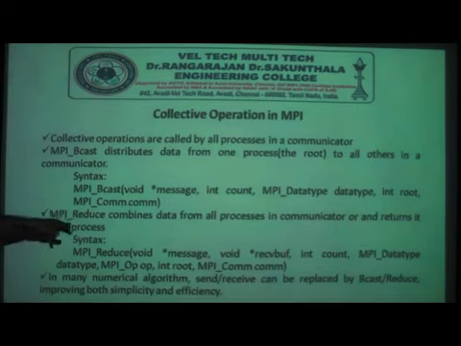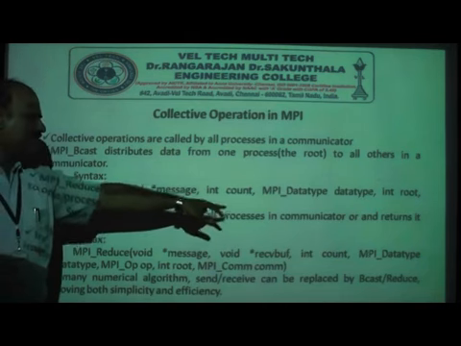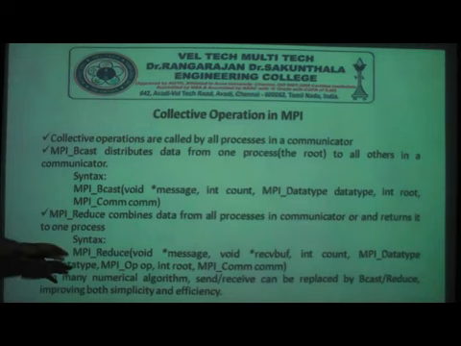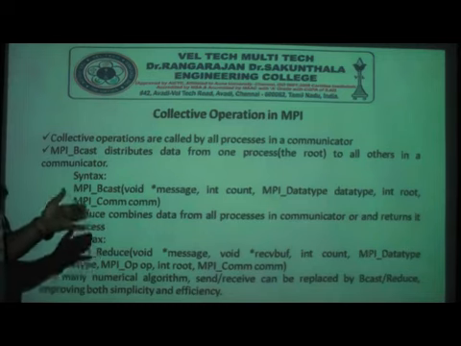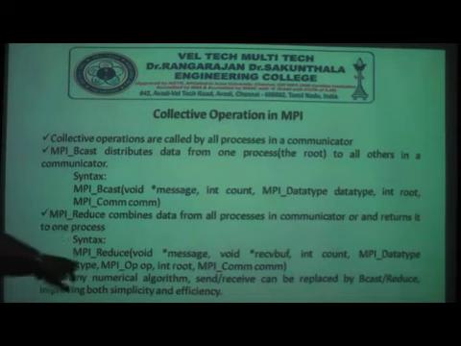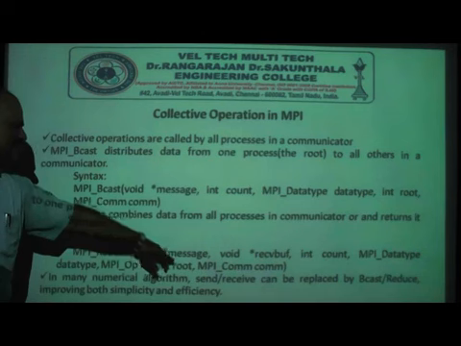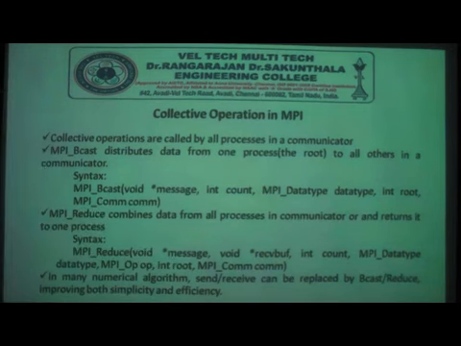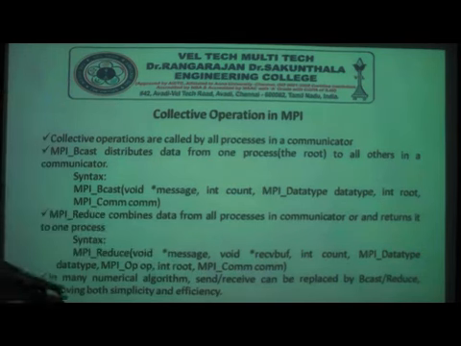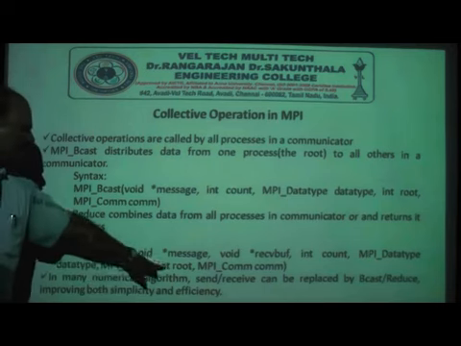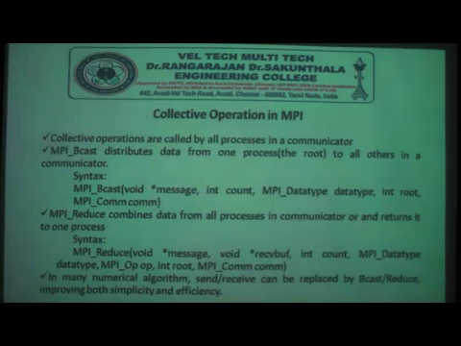Then MPI reduce combines the data from all the processes in the communicator and returns it back to only one process. So we have more than one process, and that more than one process is reduced to one process using this command. MPI underscore reduce: void message, void receive buffer, integer count, MPI data type, MPI operator, the operator involved, root, and then the communicator.